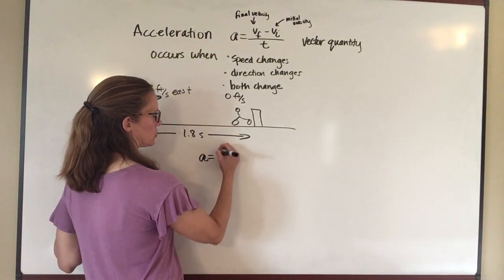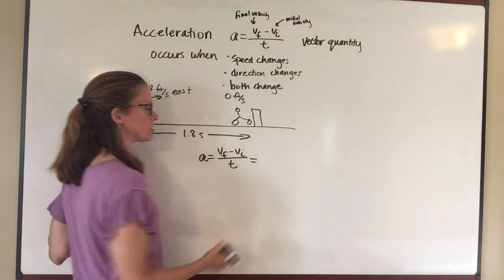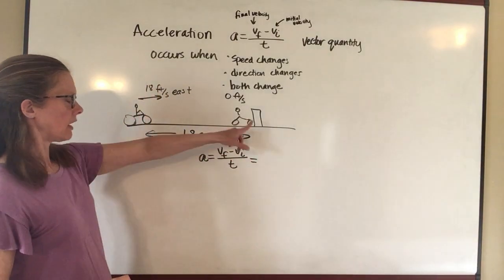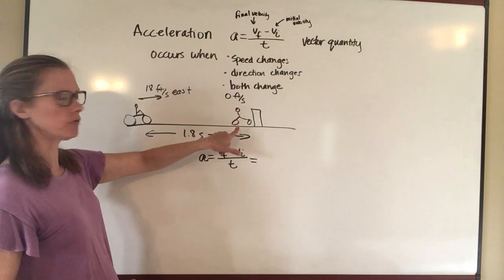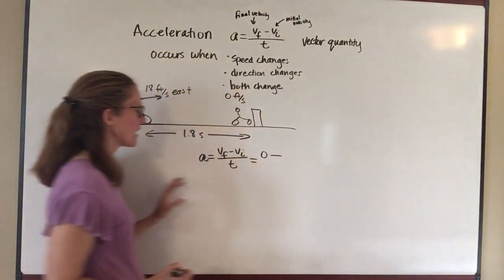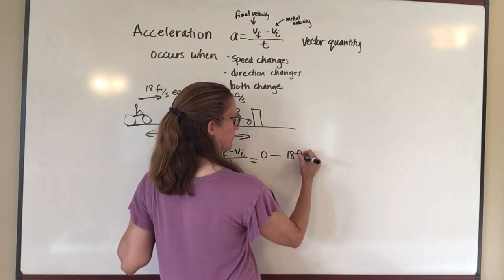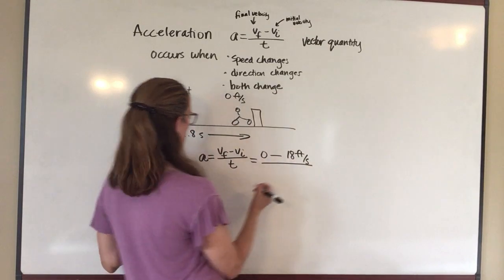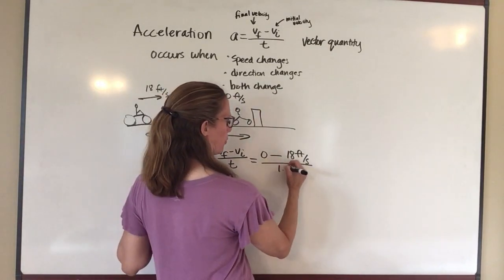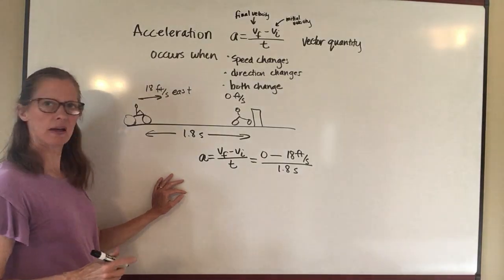So his acceleration, v sub f minus v sub i over t. Well, what was his final velocity? Well, when he got done, he wasn't moving anymore. So his final velocity was 0. His initial velocity was 18 feet per second, and it took him 1.8 seconds. That was his time. So what's that going to give me?